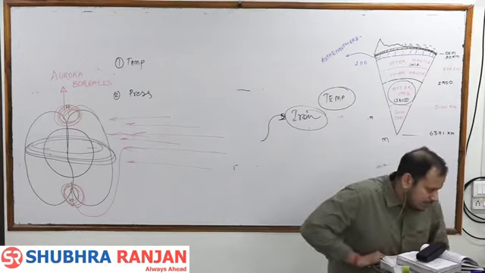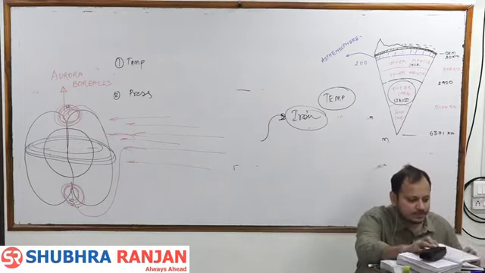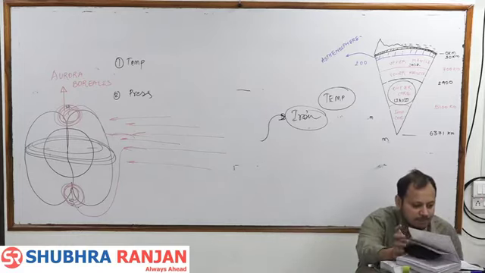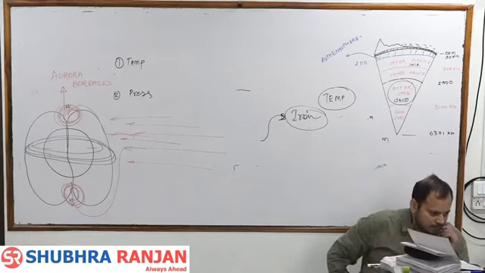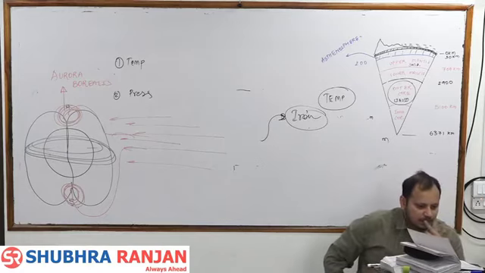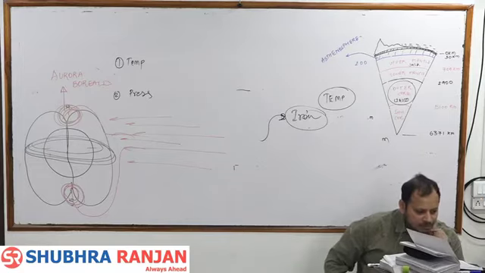It is said that the temperature inside the earth is around 4,000 to 6,000 degrees Celsius.